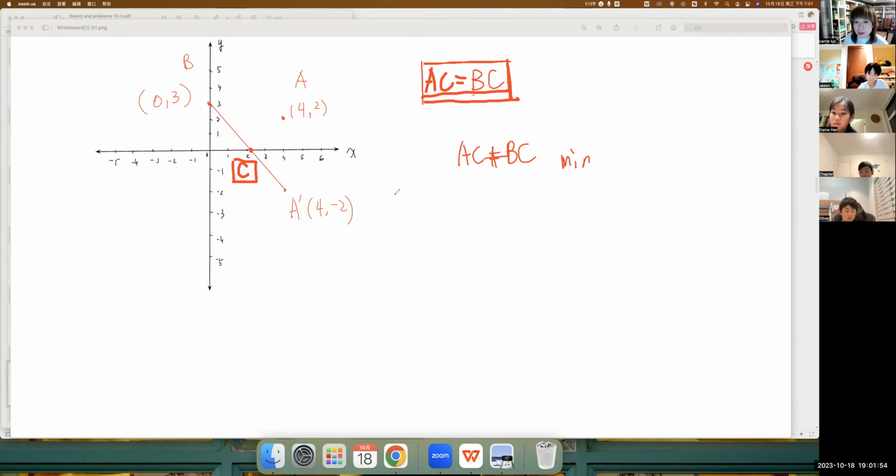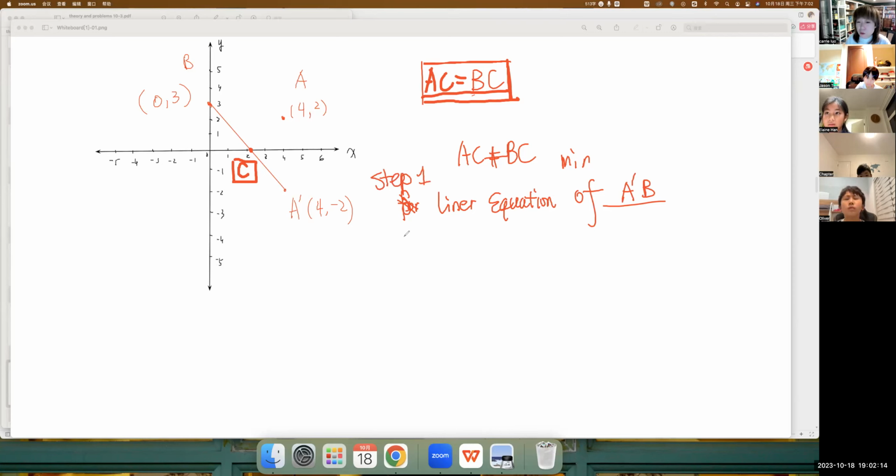We need to find the linear equation of A, B. That's step 1. In order to find the linear equation, because we know the ordered pair of A and B, we can immediately find it.